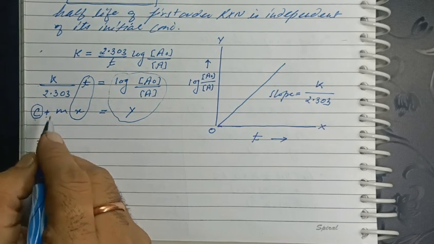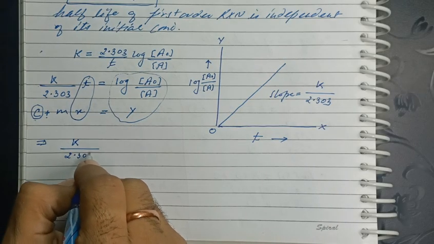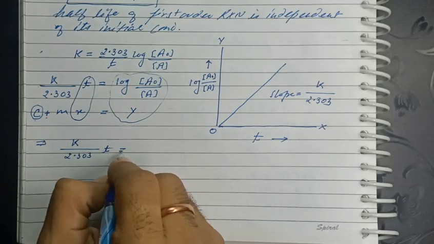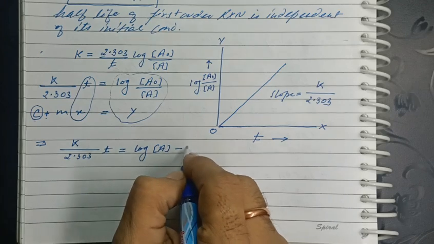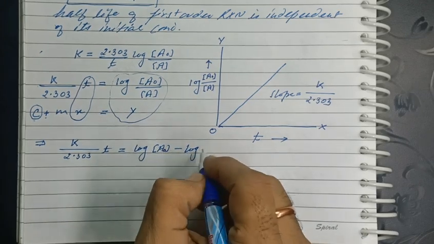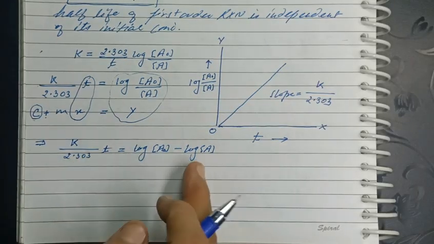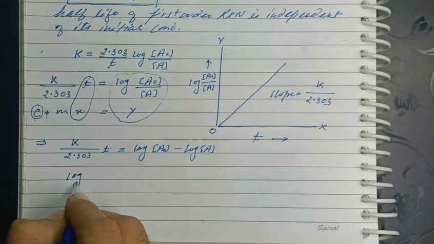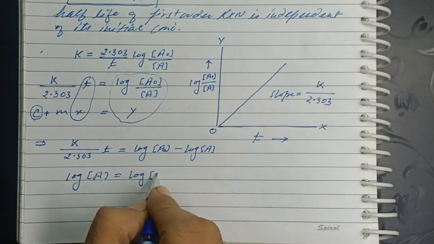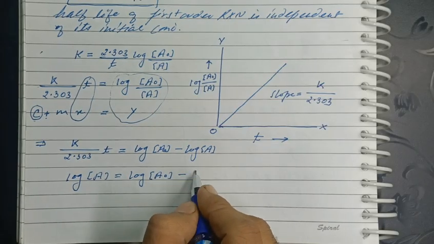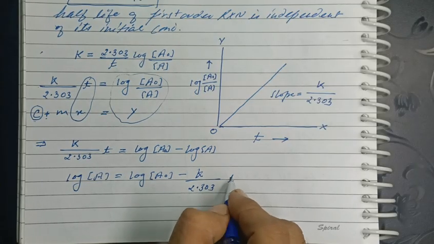On further simplifying the equation, k upon 2.303 into t is equal to log A upon B, which is log A minus log B. Bringing log A here and this there, it becomes log A is equal to log A naught minus k upon 2.303 into t.